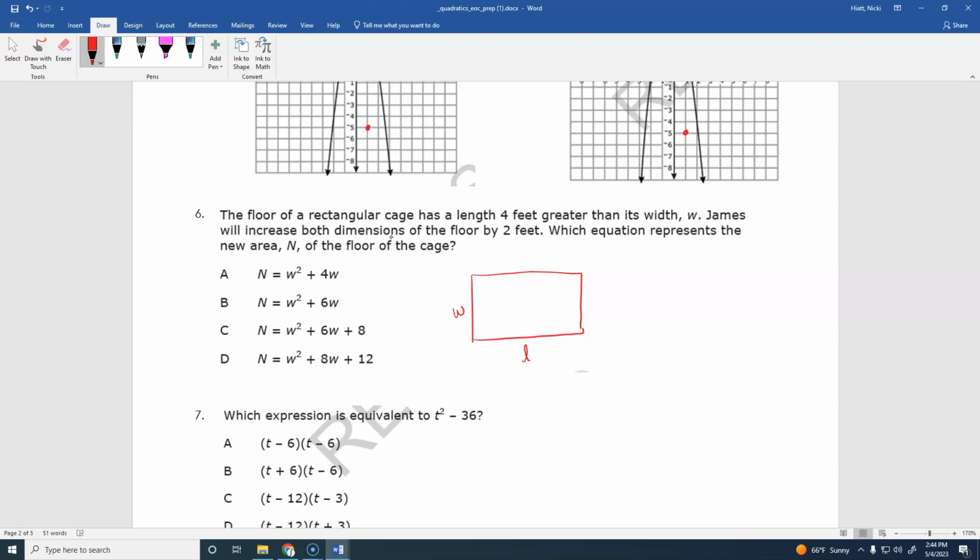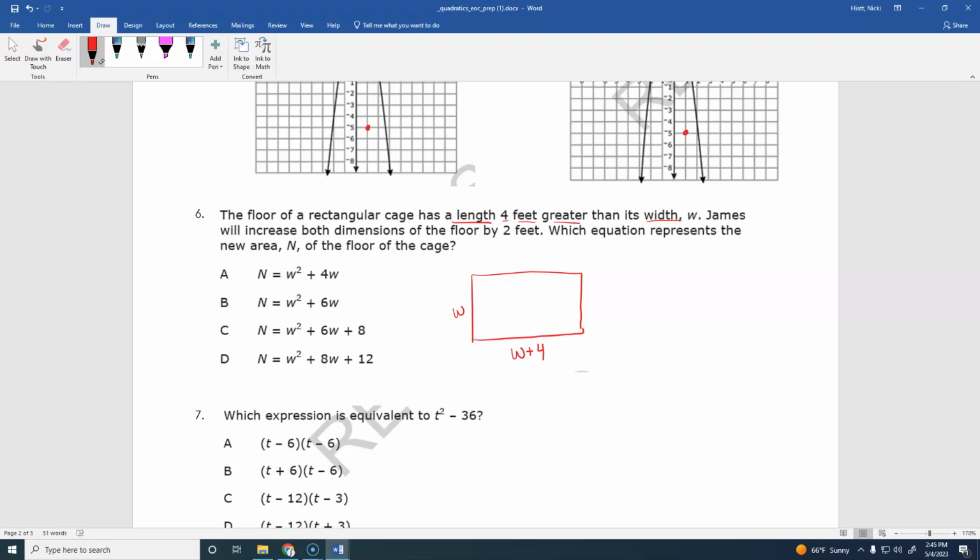So this side is the width. It tells us that the length is 4 feet greater than the width. So length is like the width plus 4. If I erase this, this side right here would be W plus 4.